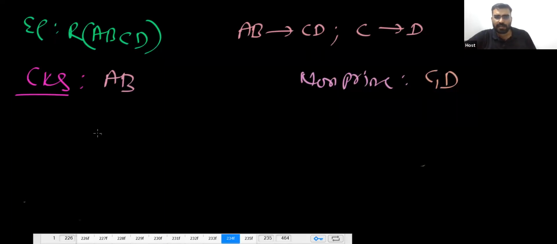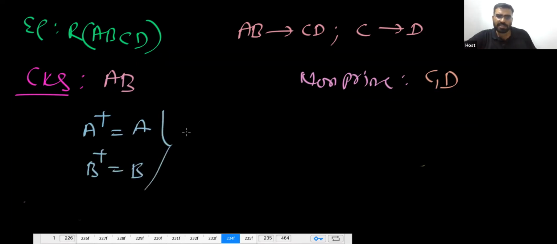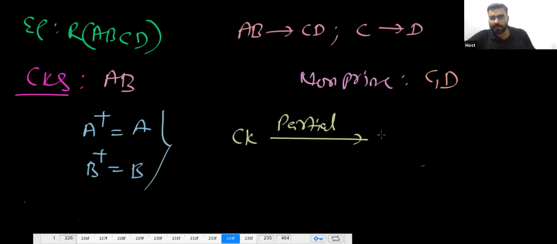You can notice that in this relation, A plus is A, B plus is B. So this is in 2NF because we do not have a candidate key partially determining a non-prime attribute.